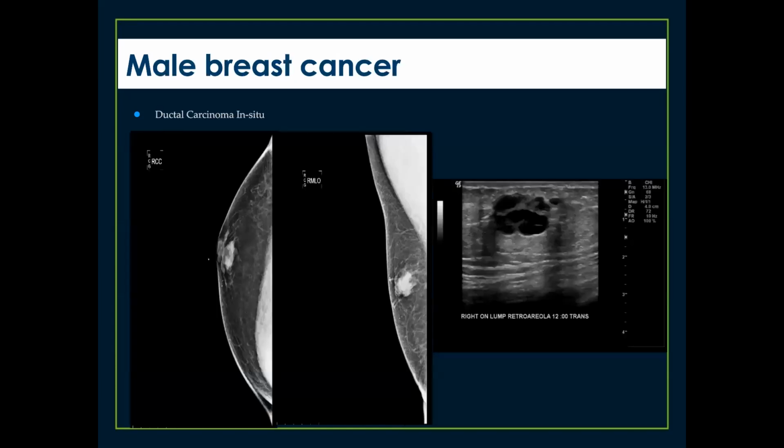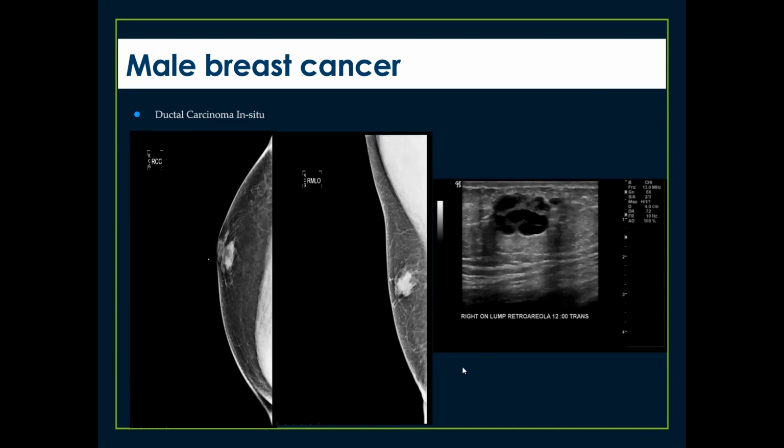So ductal carcinoma in situ, or DCIS, can also present as microcalcifications like we just saw, or can be more mass-like, as in this case. The patient presented with a mass in the subareolar region of the right breast.